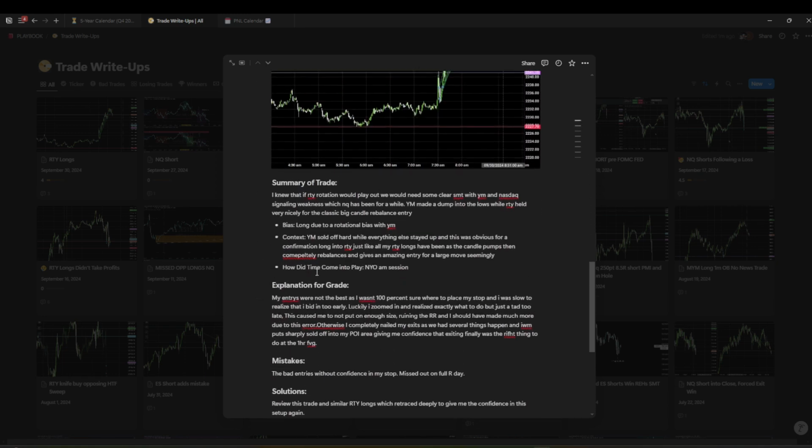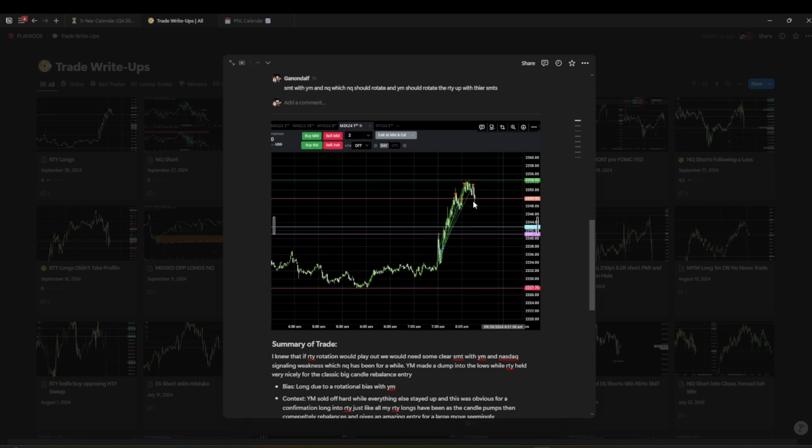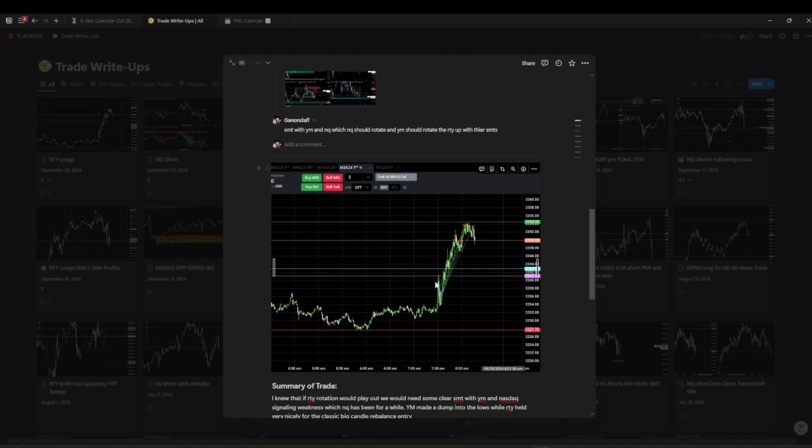The reason to sell was that we were in an area of interest already, which is why I took most off the table. I had a runner, but I hate leaving runners that come against me when I don't know where to put my stop. And the only place for me to put my stop still was all the way back down here that I felt confident in, just because this is the only obvious order block that we would probably respect.